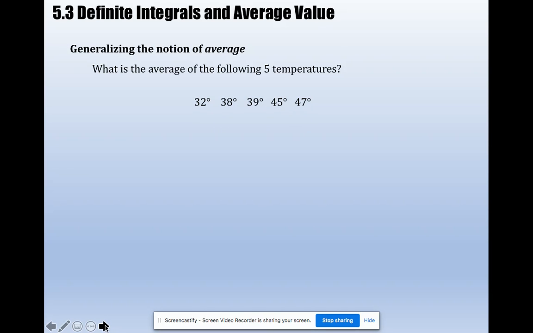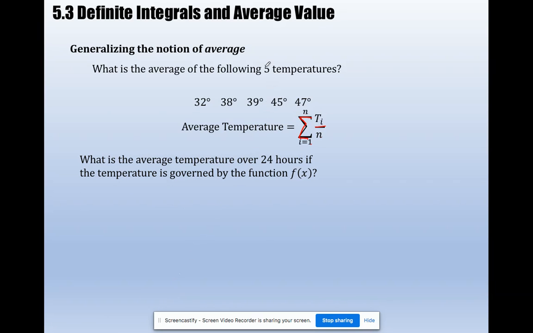Add those 5 numbers and divide by what? 5. But look how fancy I can make that. The average temperature is the sum of all the individual temperatures divided by how many numbers you have, starting with your first temperature value and stopping with your 5th temperature value. Right? So fancy.